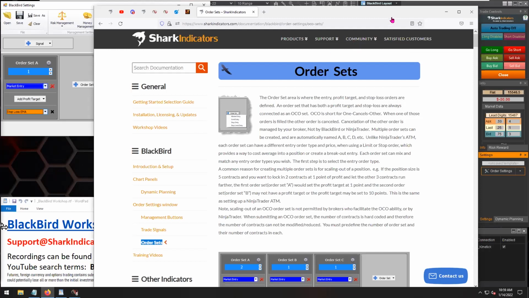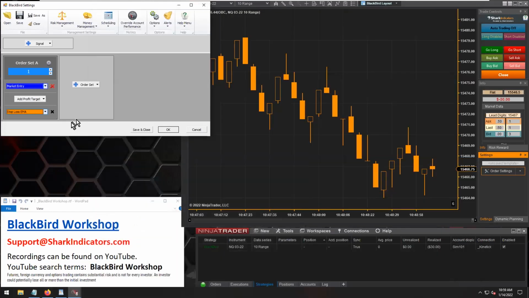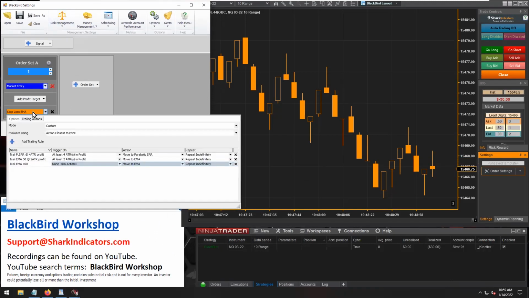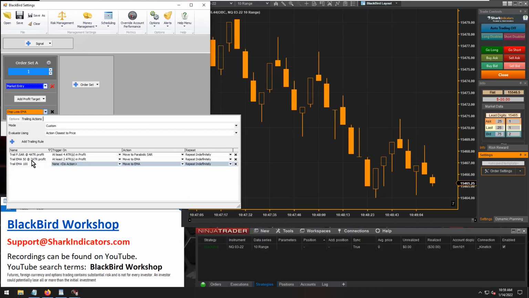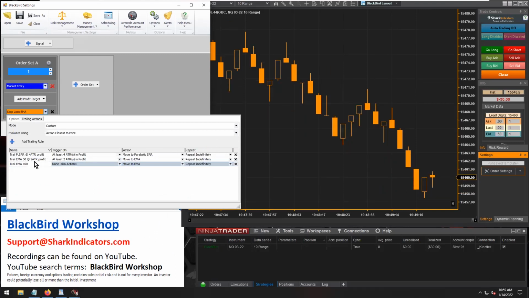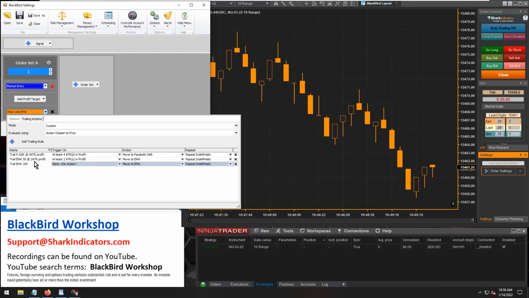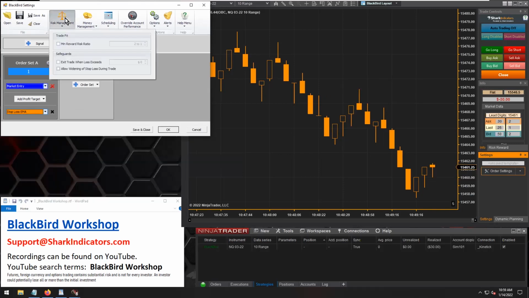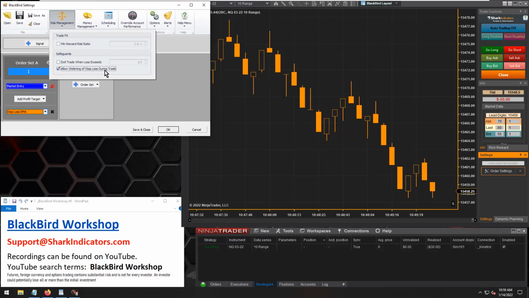So let's pull up what Dean's talking about. If you do want to automate the ability to widen your stop losses, there are two things you have to do. One is you have to go into the risk management and allow widening of stop loss during a trade.